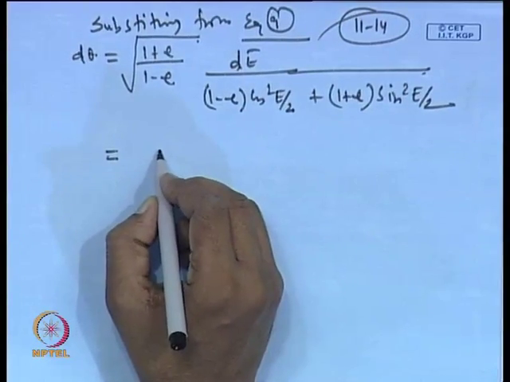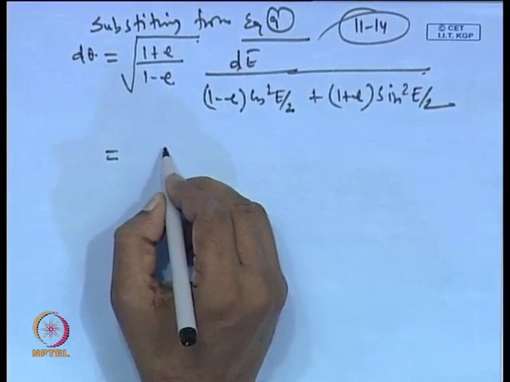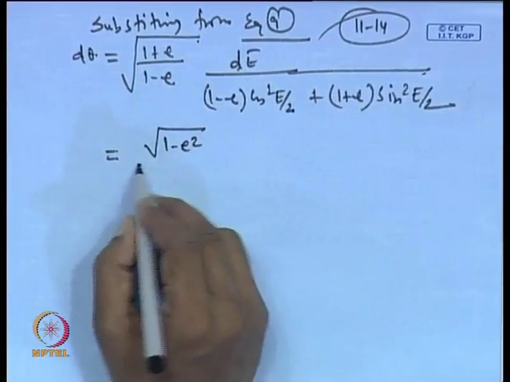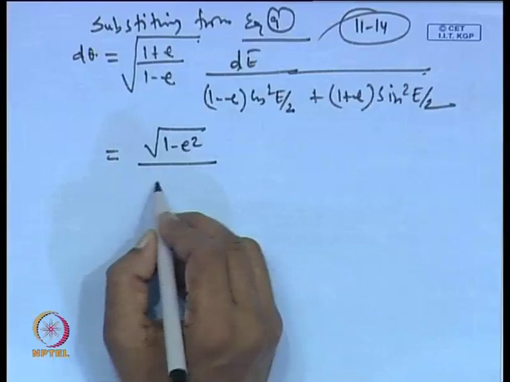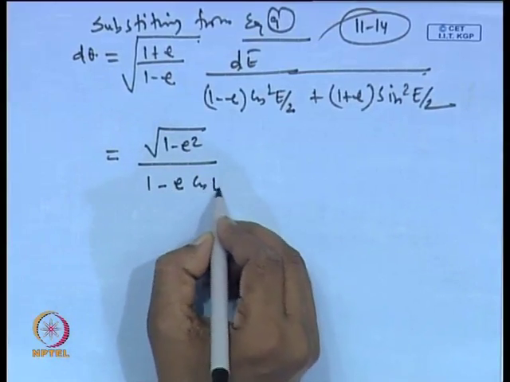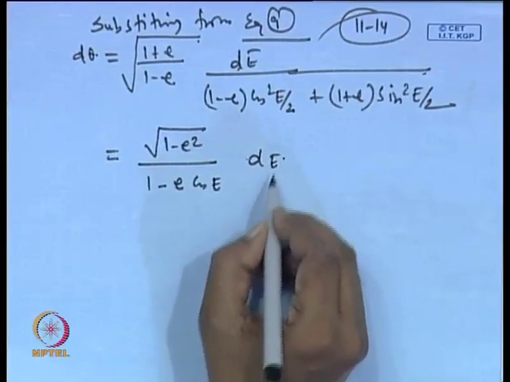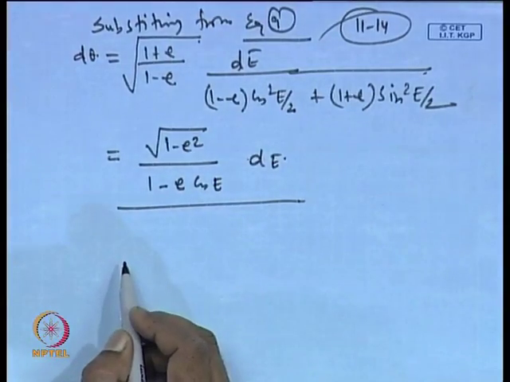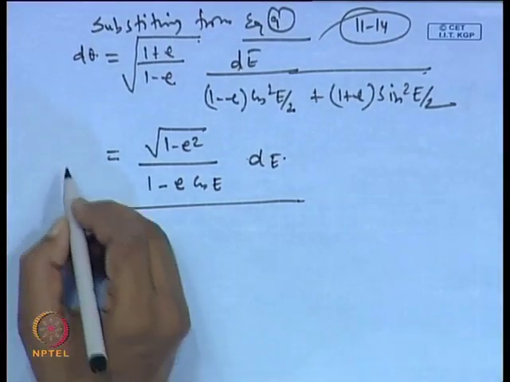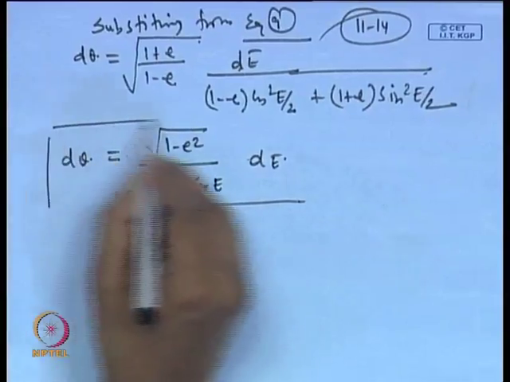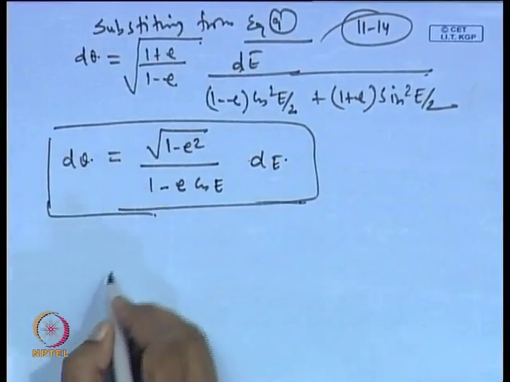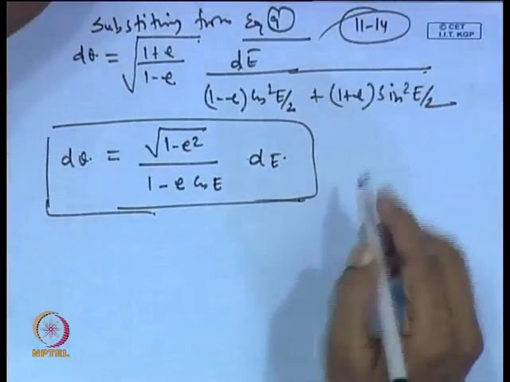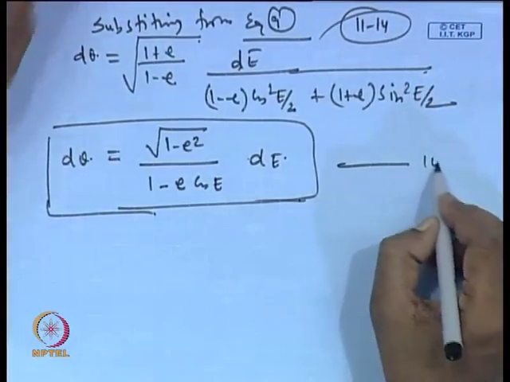So, after little simplification, we can write this as square root of 1 minus e square divided by 1 minus e cos E dE. Okay, this is very easy, we can reduce it to this quantity. So, this is our d theta, and this is our equation number 10.